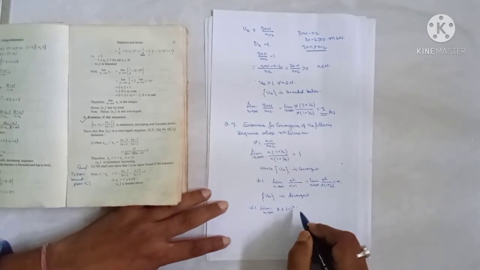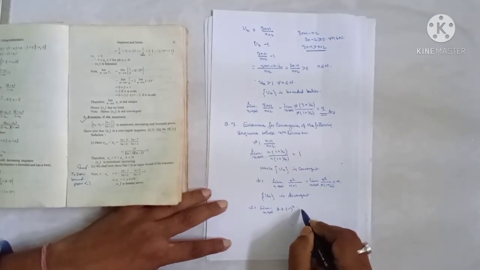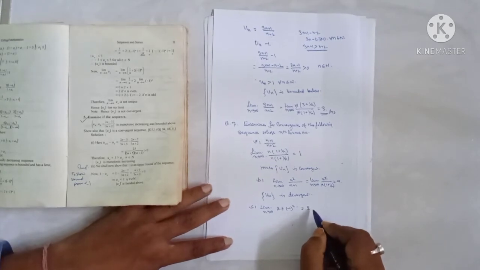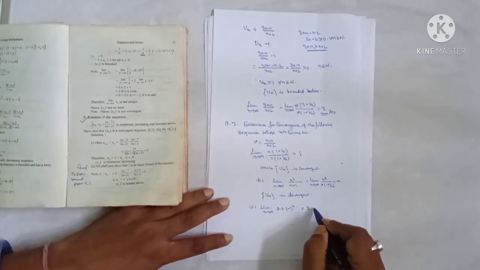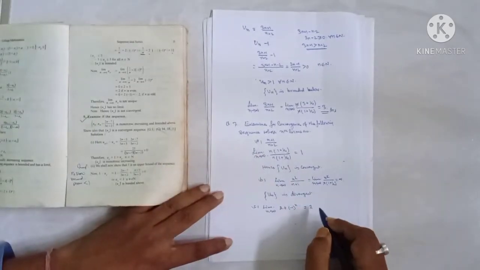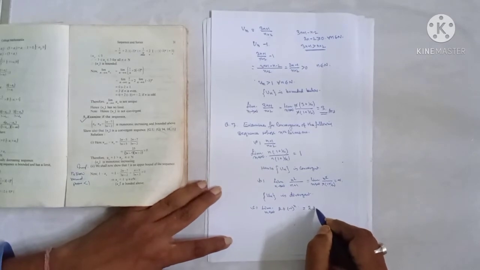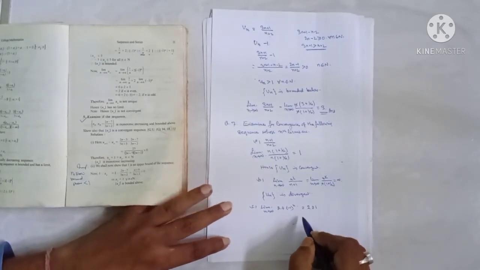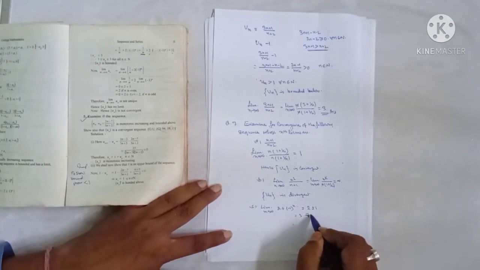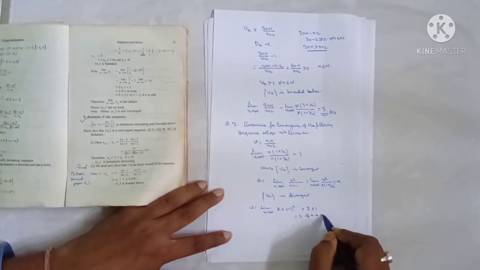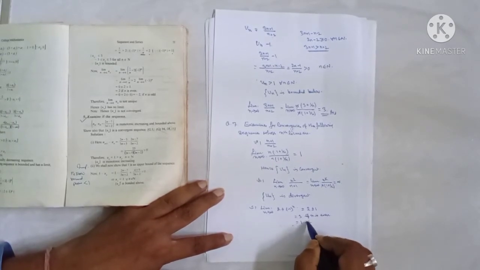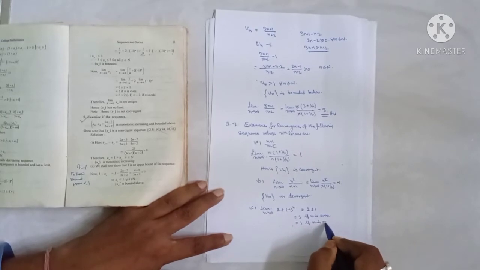This will be equal to 2, this will be 2 plus minus 1, that is, it is equal to 3 if n is even, and it is equal to 1 if n is odd.